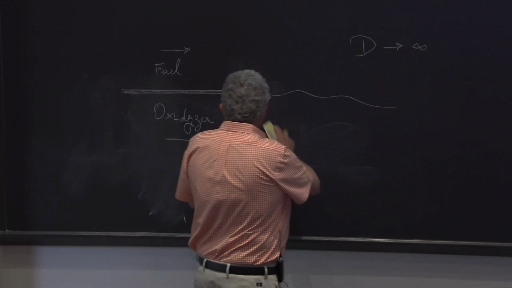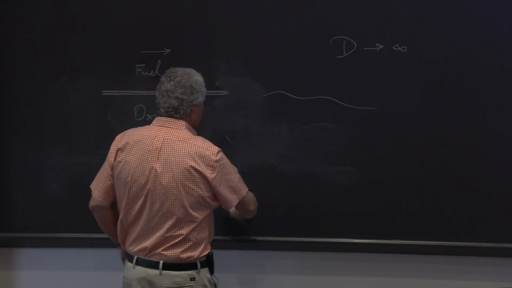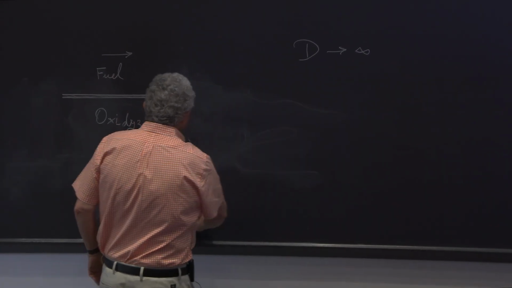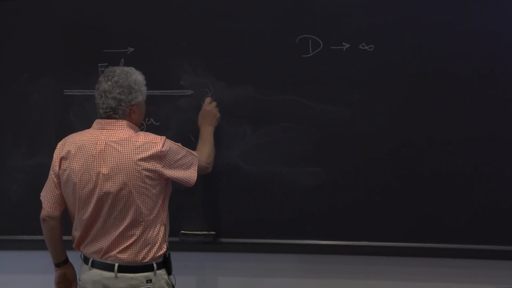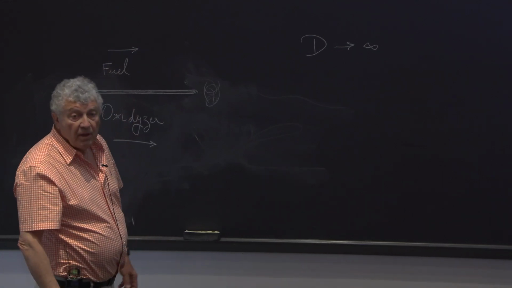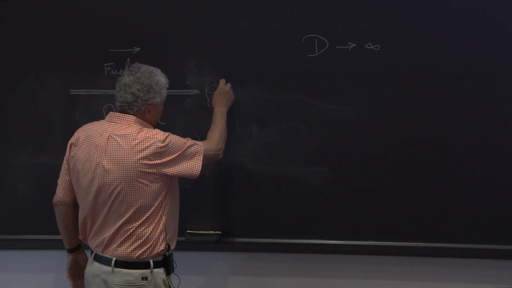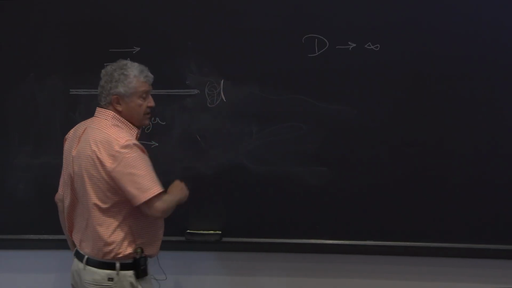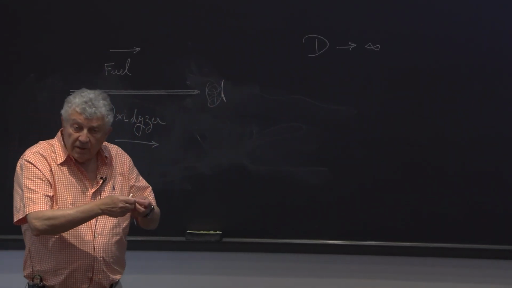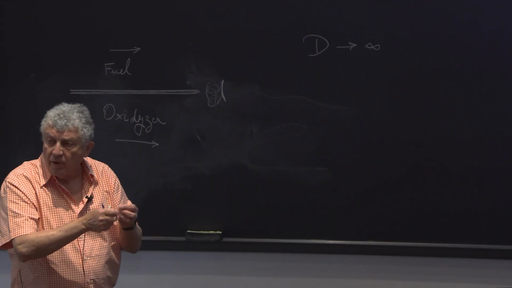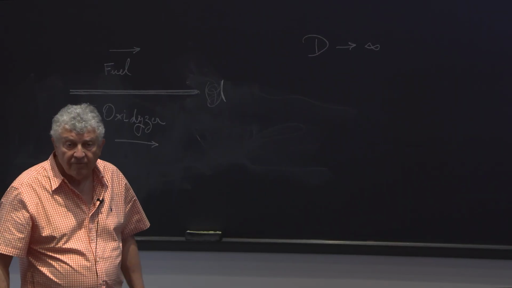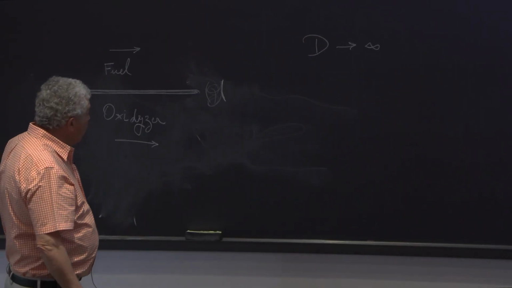And therefore, when the fuel and oxidizer come out, there will be some mixing that occurs. And therefore, there may be a premixed flame established in this region where there is premixing of fuel and oxidizer.